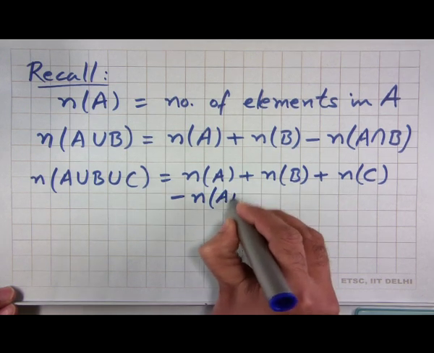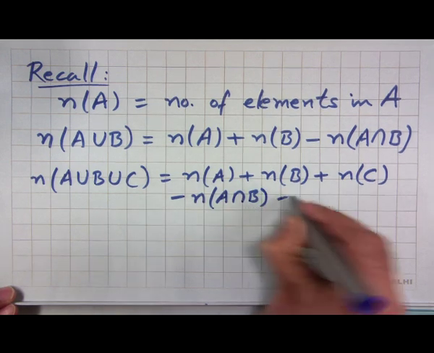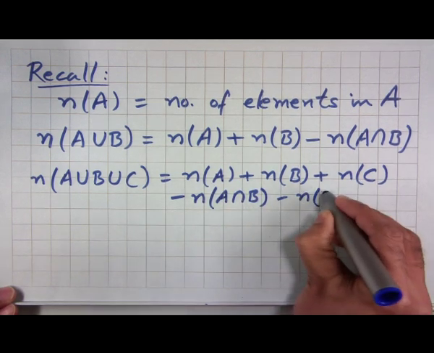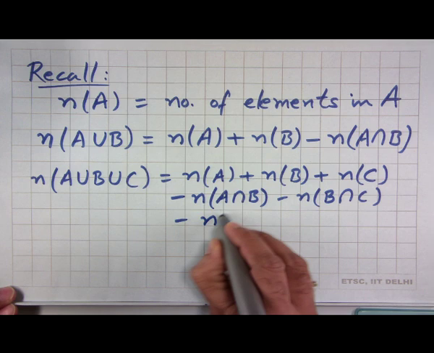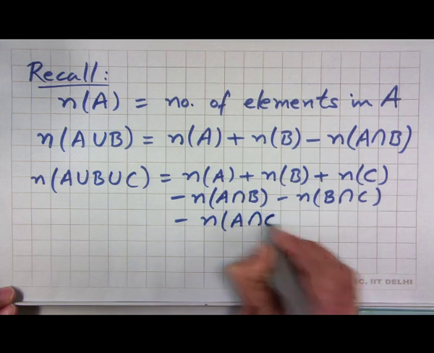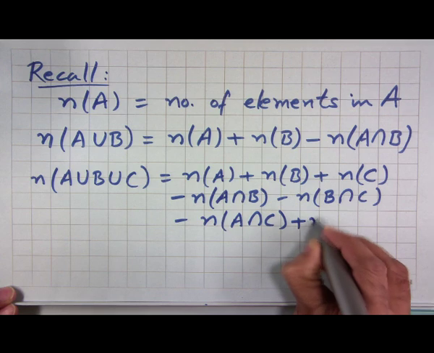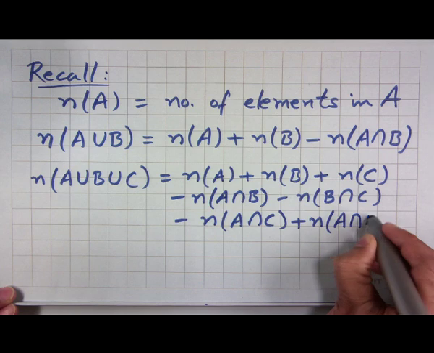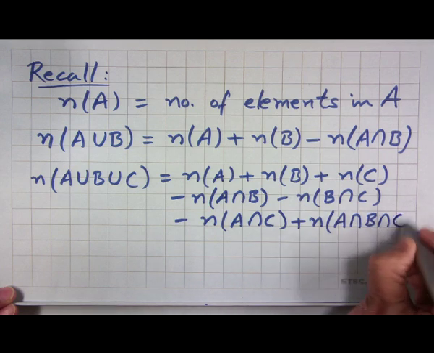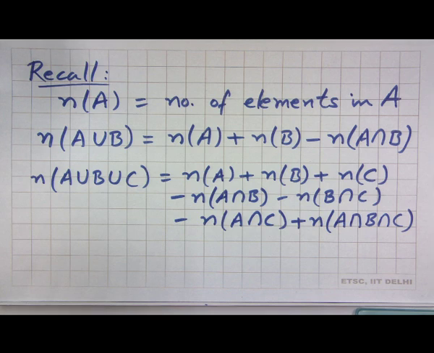So, n of A intersection B minus n of B intersection C minus n of A intersection C plus the number of elements in the intersection of all three, A intersection B intersection C. Right. So, these formulas are very useful.